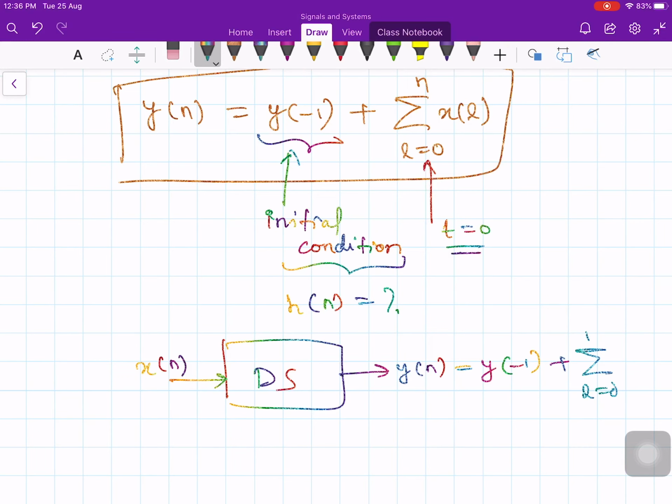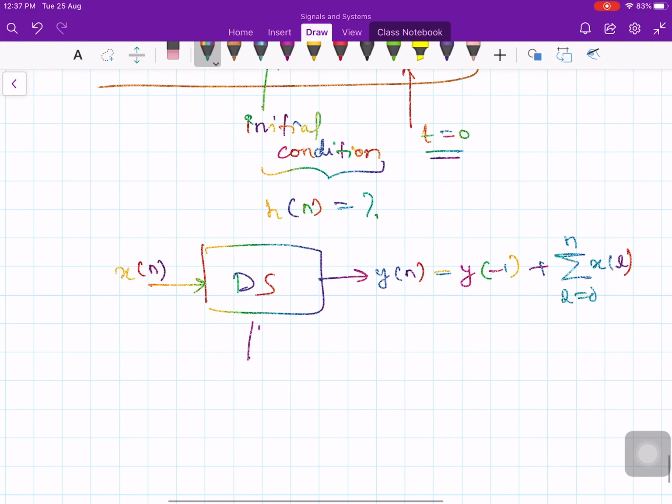Now take the same discrete time system, and instead of x of n you apply del of n.